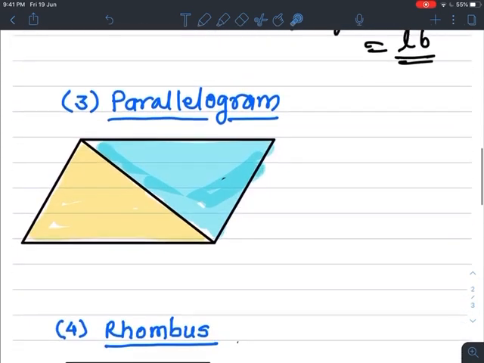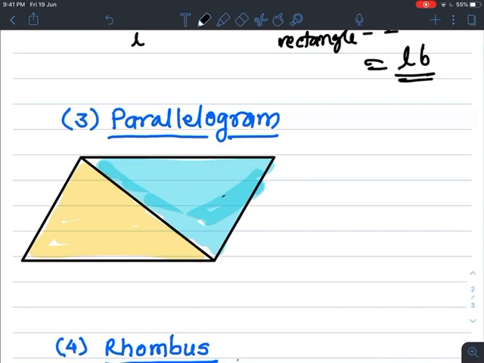Suppose this is the base. For this base we have to draw the height from the vertex of the opposite side. You have to observe the opposite vertex, and from this vertex you have to draw a perpendicular. So this will be perpendicular, means it is the height.